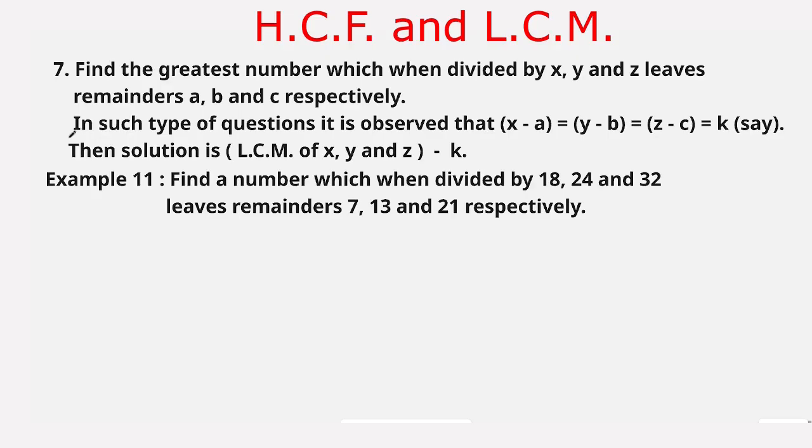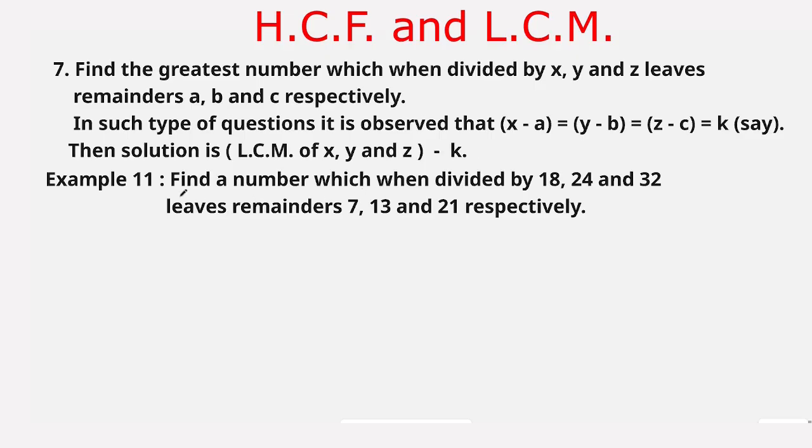So the method is, in such type of questions, it is observed that x minus a equal to y minus b equal to z minus c equal to k. We suppose it is equal to k. Then the solution is LCM of x, y and z minus k.